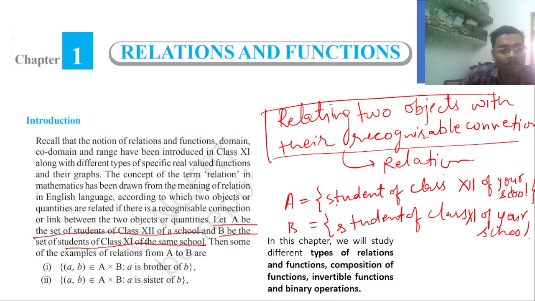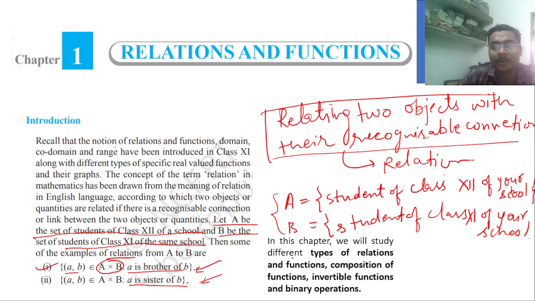Then some examples of relation: there are many relations which you can form when you have two sets. A relation is a subset of A cross B, the pairs (a, b) belonging to A cross B. For example, a is the brother of b, or he is the sister. These are a few examples of relations which you can make from two sets.